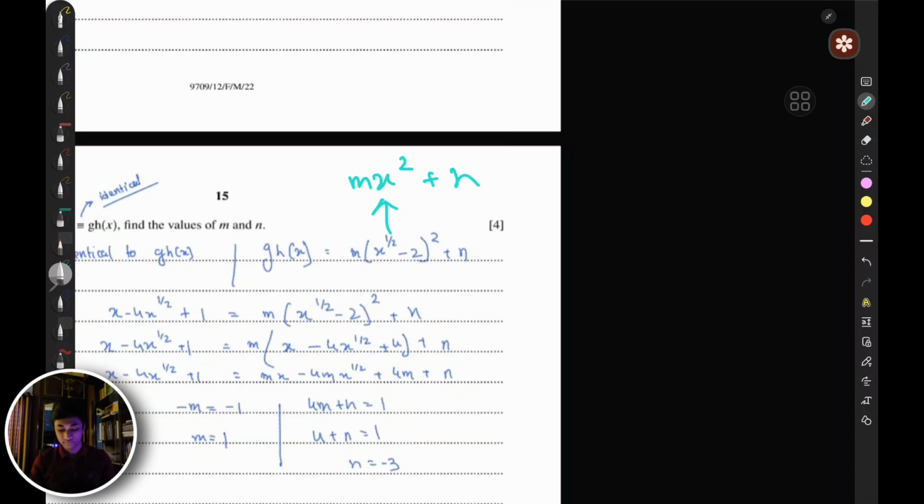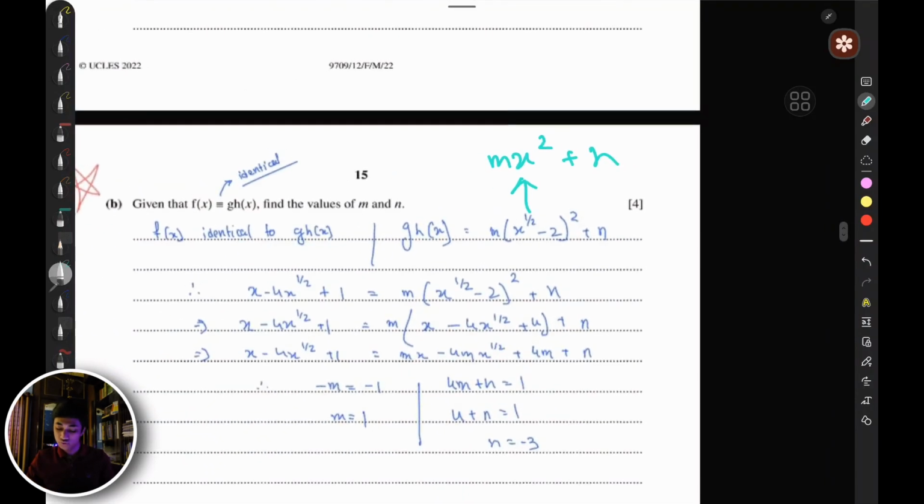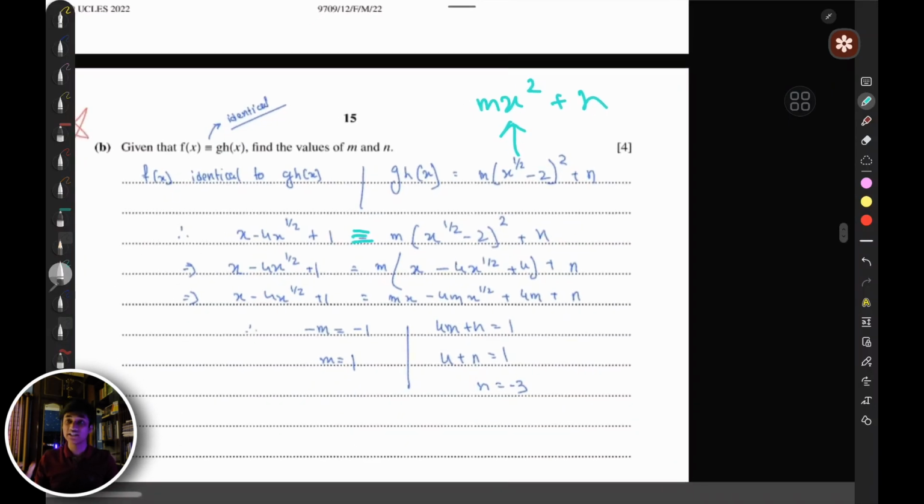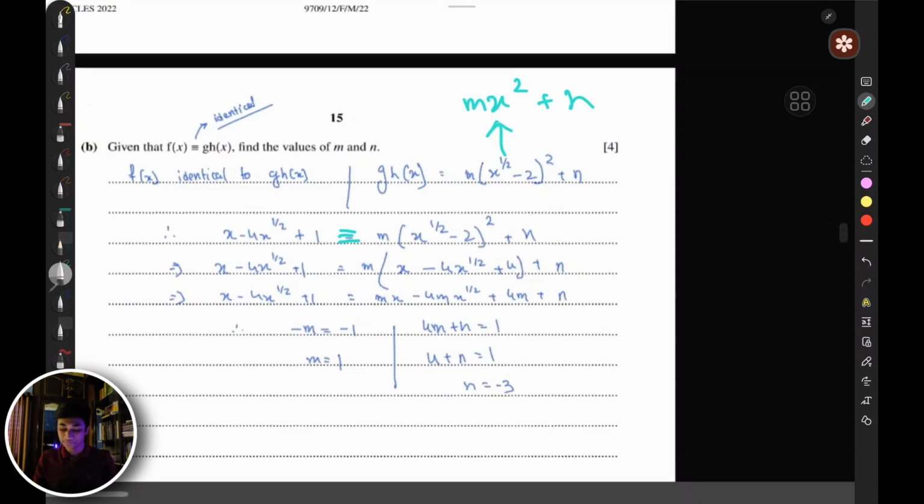Alright, fair enough. So what do you do next? Now you have this identity, it is supposed to be 3 lines. Okay, so this is identical to this. Fair enough. So if you remember identities, you're going to use that logic and you're going to equate the coefficients to find out the values of m and n.